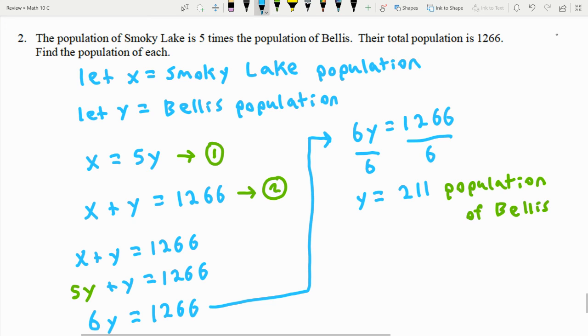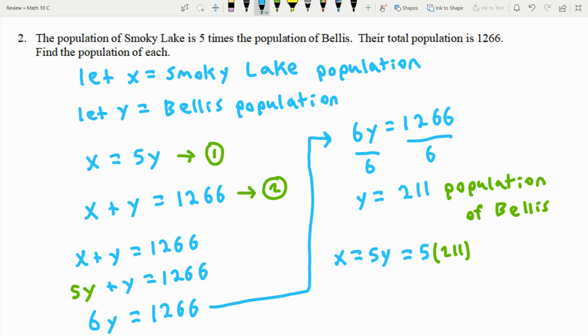Okay, so now for x, I can just put y back into equation 1, honestly. So x equals 5y. Because I know the value of y, x equals 5 times 211.